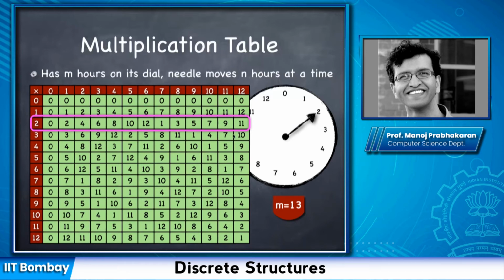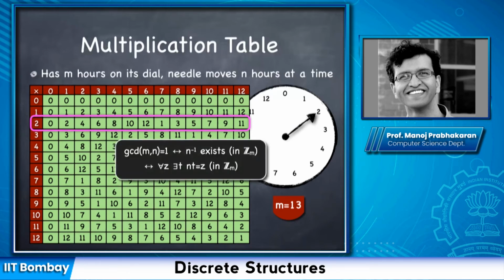Okay. So why is that? We have already talked about GCD of m and n being 1 being the same as saying the multiplicative inverse n inverse exists in Zm.